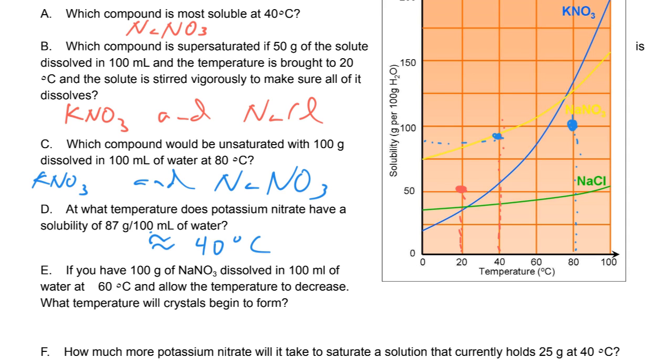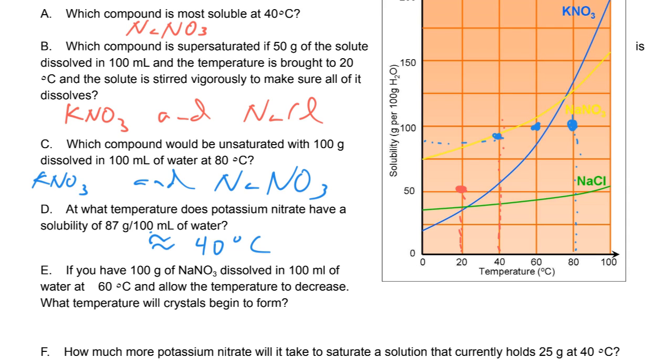All right, if you have 100 grams of NaNO3 at 60 degrees, so we're right there on the graph, and allow the temperature to decrease, what temperature will crystals begin to form?